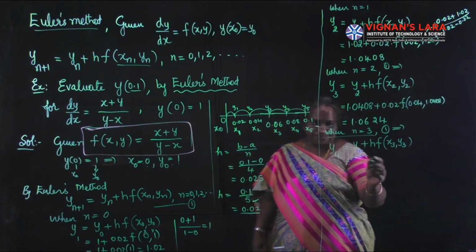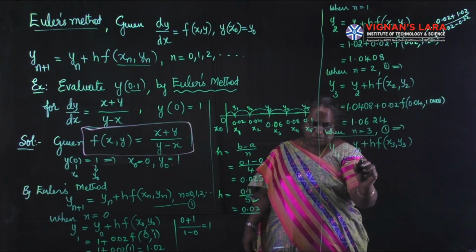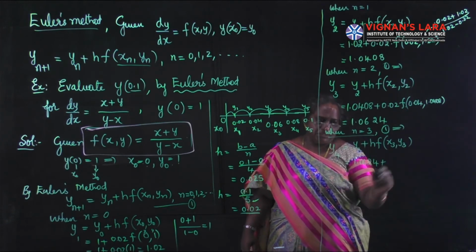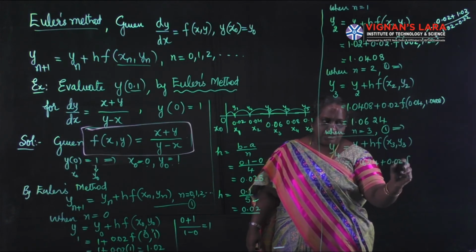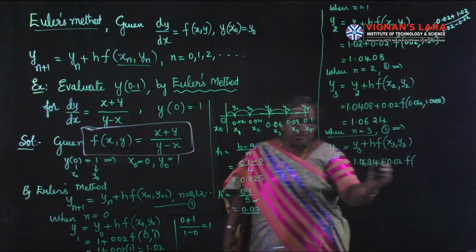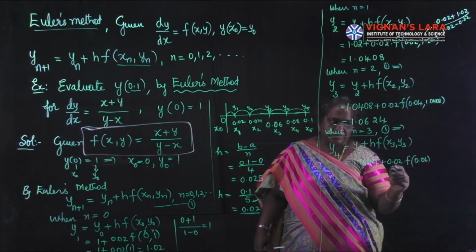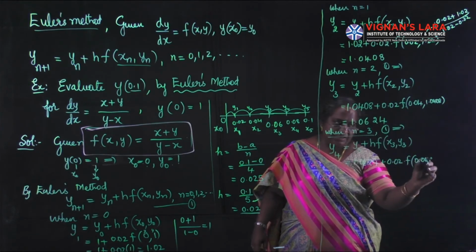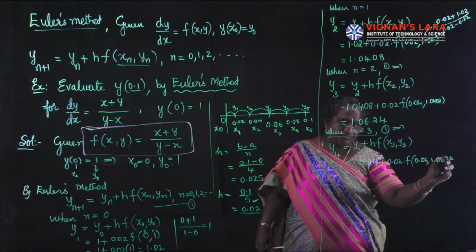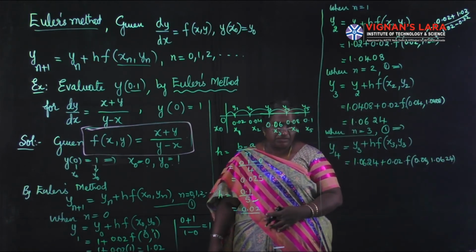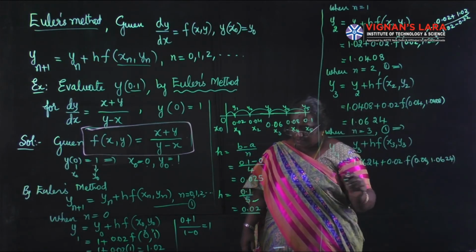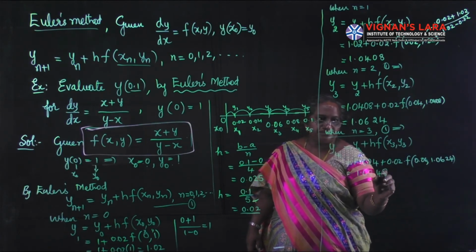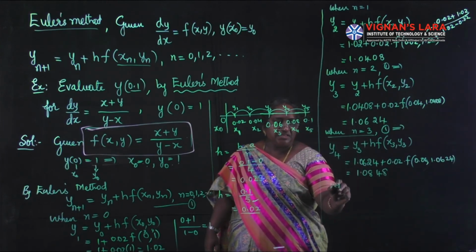We get y3, just now we got 1.0624, plus h, 0.02, f of x3 is 0.06 comma y3, just now we got 1.0624. So if you evaluate, that will be 1.0848.